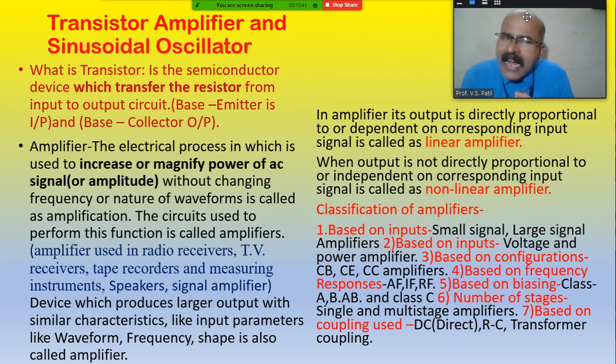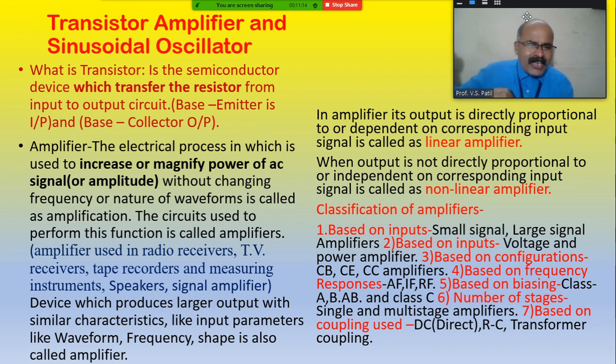It means that there are various types of transistor amplifier, and these types are divided according to their function, their characteristic. According to inputs, voltage or current; according to configuration, that is common base, common collector, common emitter; according to biasing. There are different types of biasing, and the biasing used to bias the transistor gives the type of the transistor amplifier.